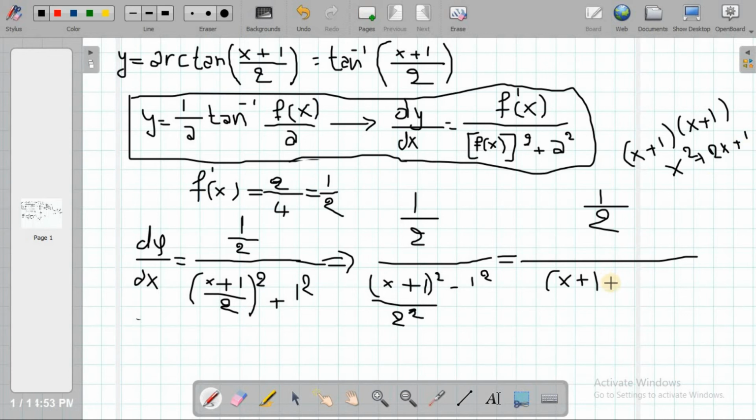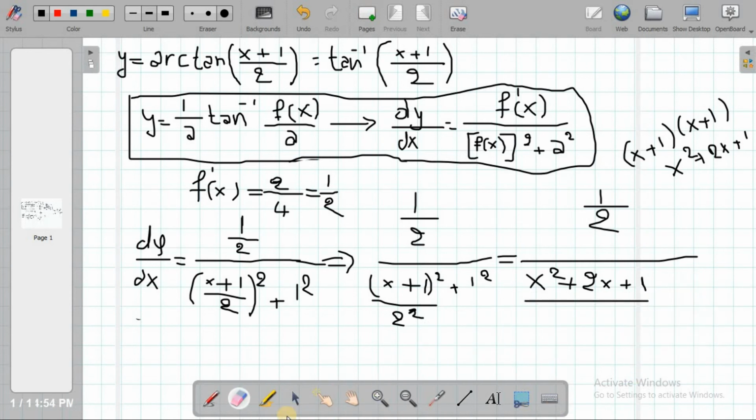I know, guys, you haven't forgotten your knowledge about fractions, about how to simplify or how to break and cancel brackets. So we're going to have x squared here plus 2x plus 1, plus 1 again.